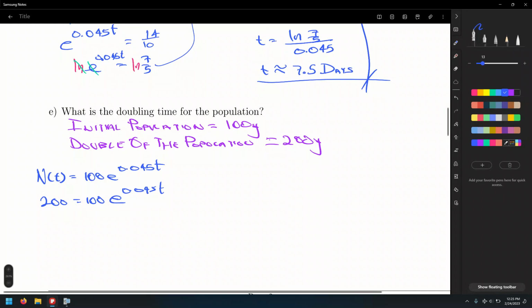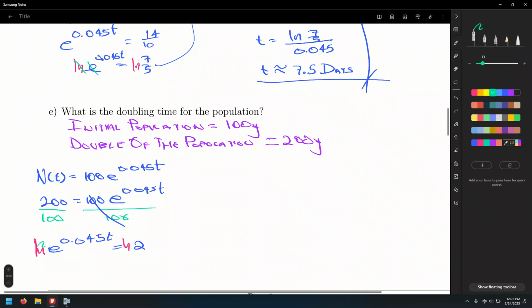And well, let's solve the equation. Let's start by dividing both sides by 100. And that's going to leave us with the exponential e to the 0.045t equals 2. And just take the logarithm, ln, on both sides. Ln of 2 on the right hand side.